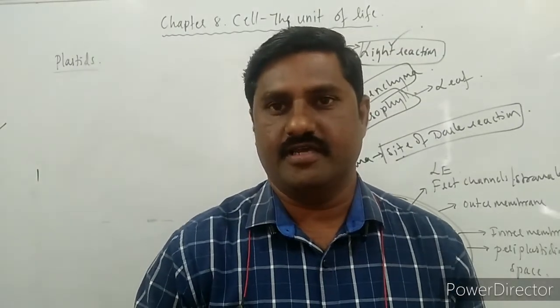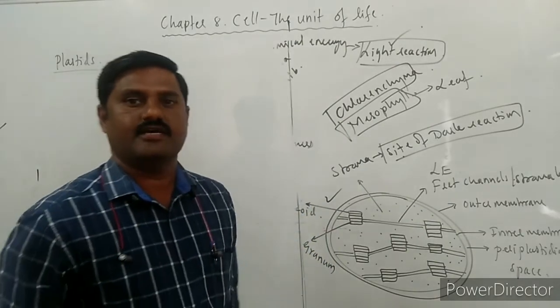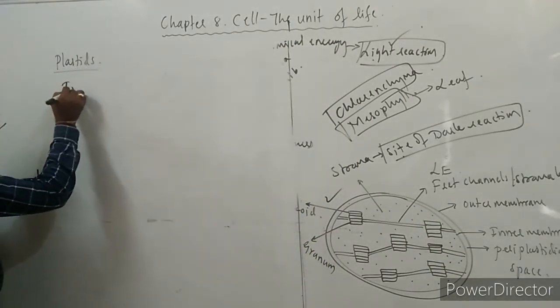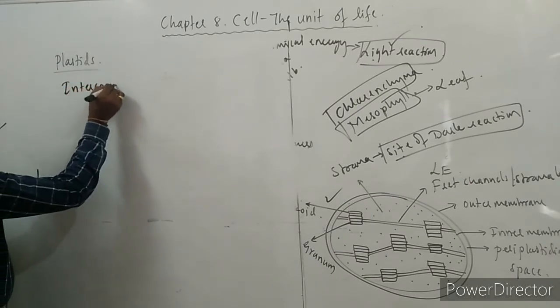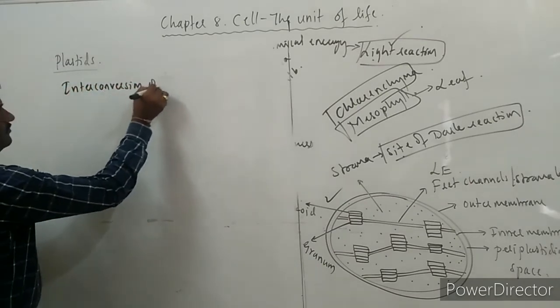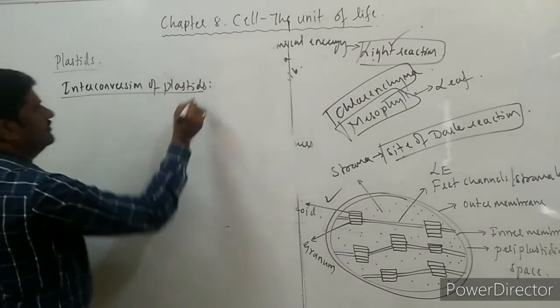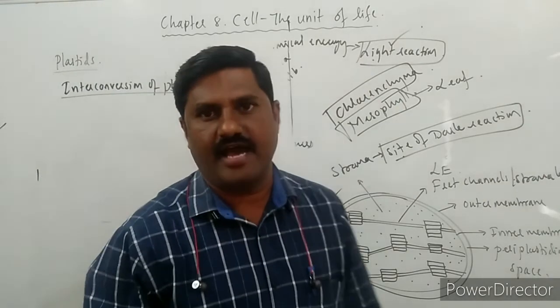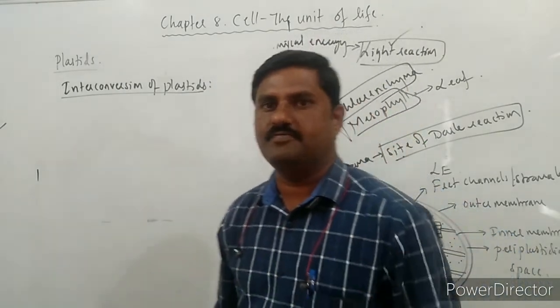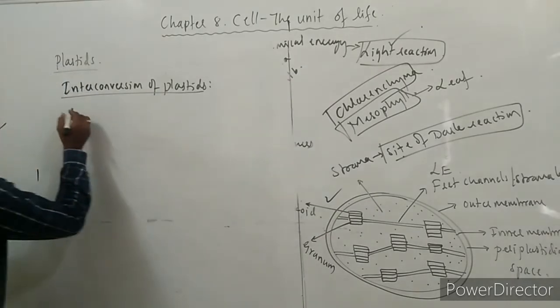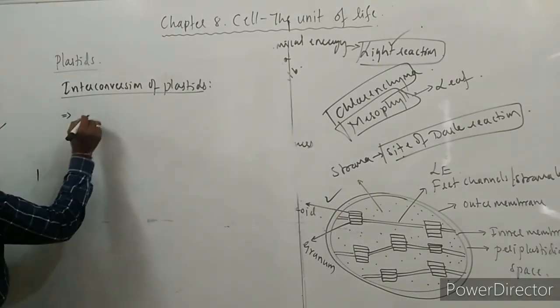One more concept regarding these plastids is interconversion of plastids. So what is this interconversion? As you know, there are different types of plastids that we have seen, and they are interconverted among themselves.